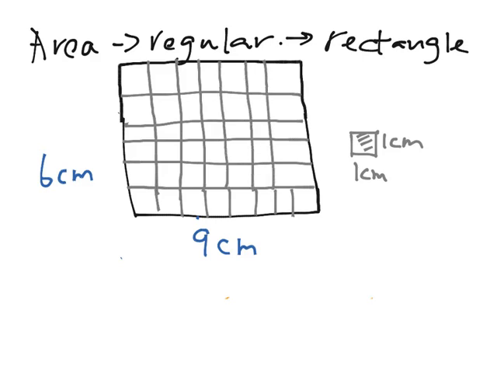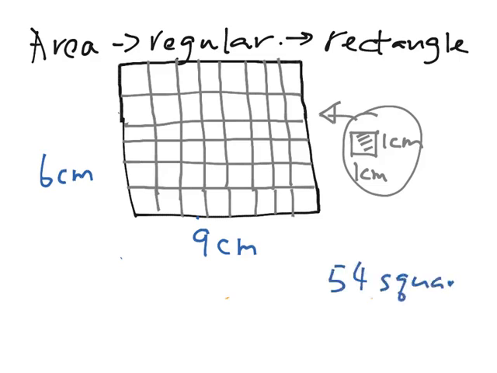So area is basically to find how many of these squares I can put inside here. How many are there? If you count them, you will realize it's actually 54 squares. Correct? How do I simplify the steps without counting them? As I say, math is all about simplified questions.